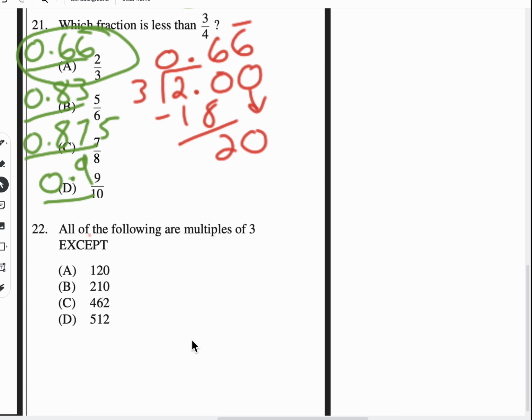Let's take a look at number 22. All of the following are multiples of 3 except.